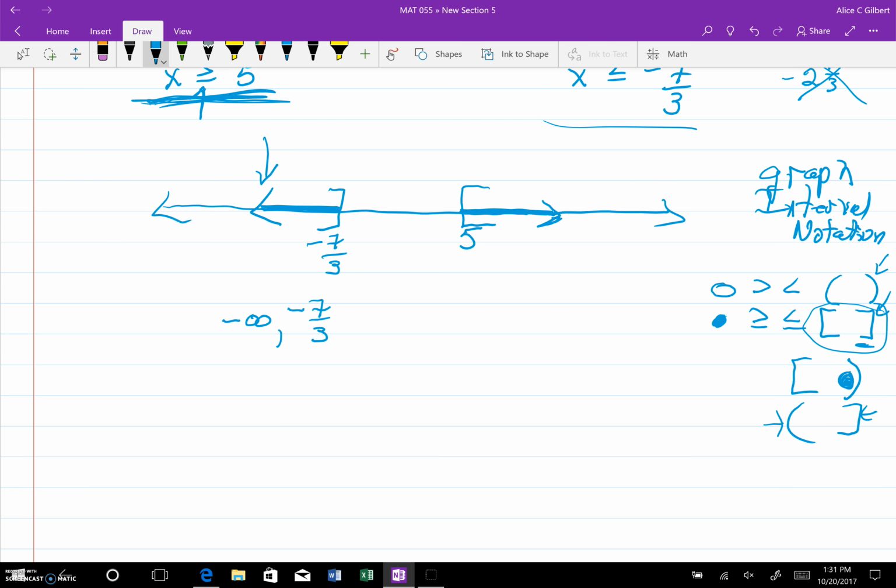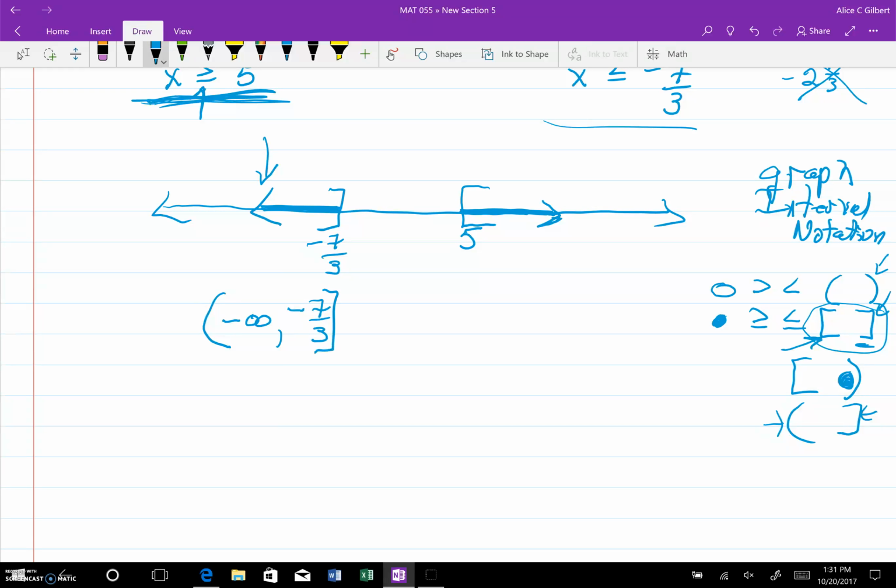Remember though that brackets mean included, and I cannot ever include infinity, negative or positive, because I don't know where it is. So it can't be included. So the only thing I can put by an infinity is the parenthesis, but I already have a bracket here, so it's just a bracket that goes there too.